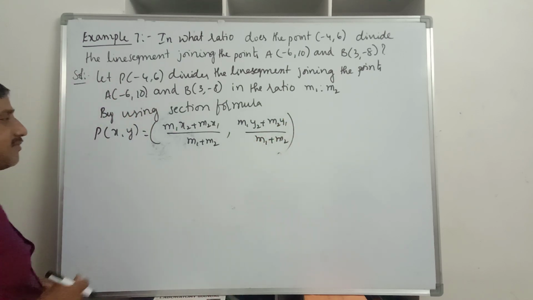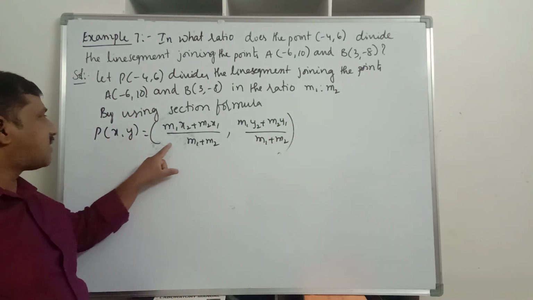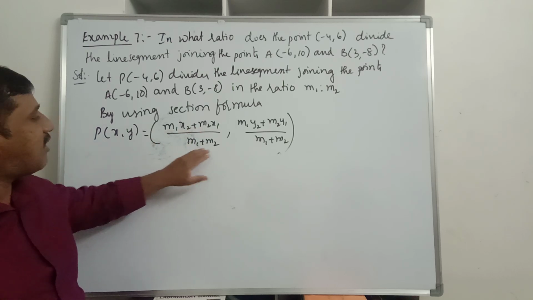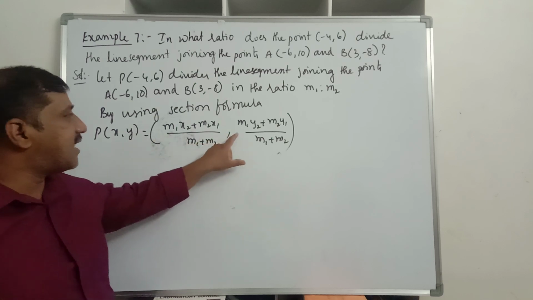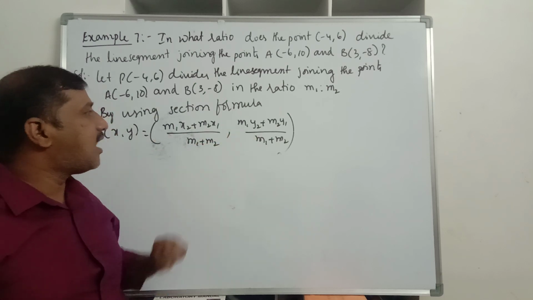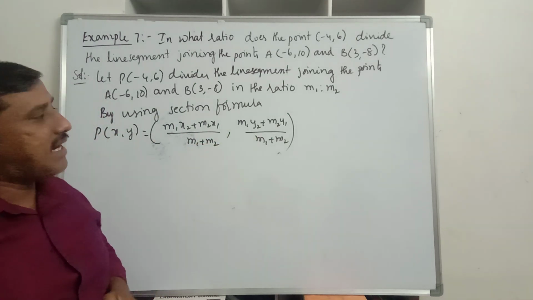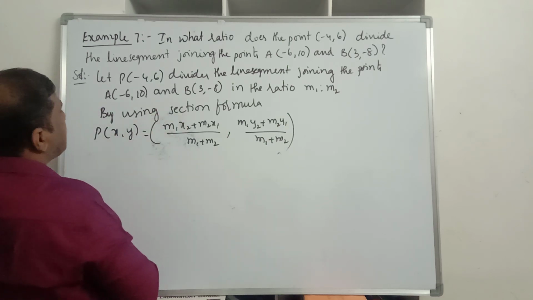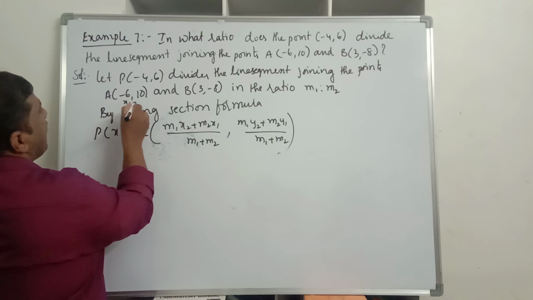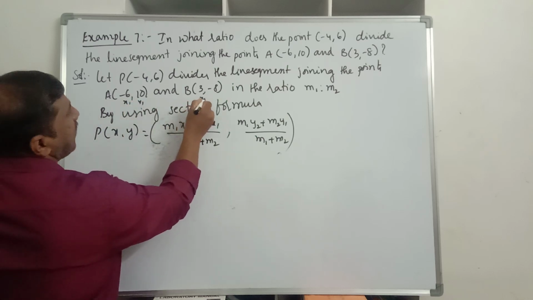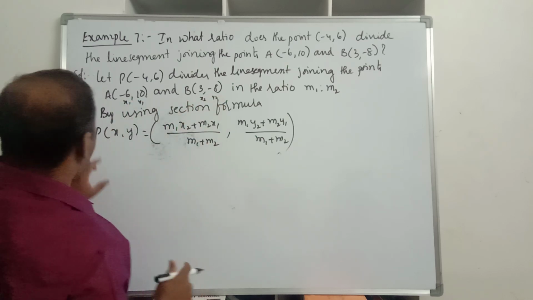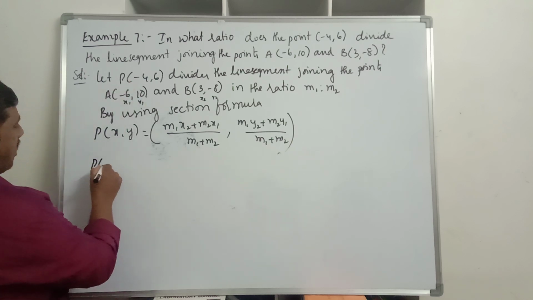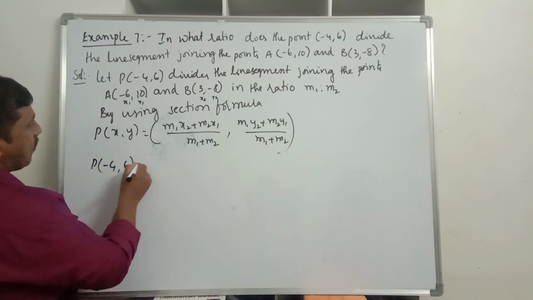Now we studied here the x coordinate is equal to (m1 x2 plus m2 x1) divided by (m1 plus m2), and the y coordinate is equal to (m1 y2 plus m2 y1) divided by (m1 plus m2). Here A is the first point and B is the second point. Therefore, it will be x1, y1 and x2, y2. Here P x is equal to the given point -4, and y is equal to 6.